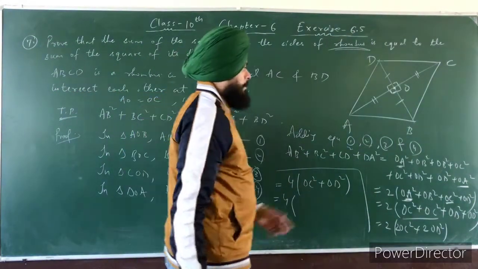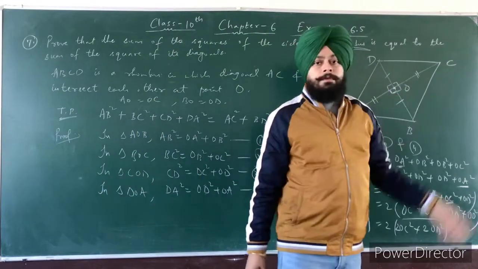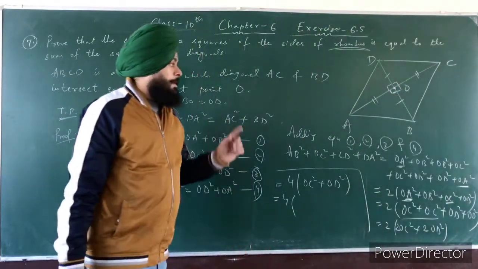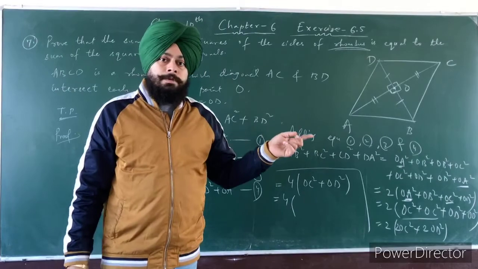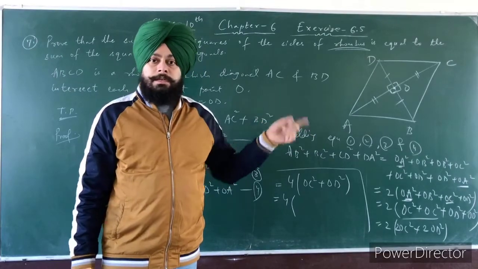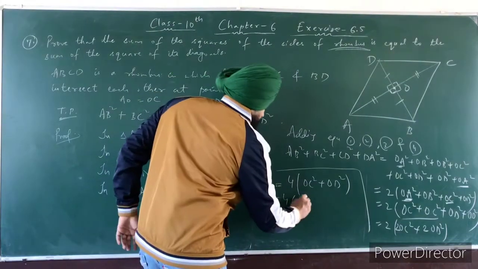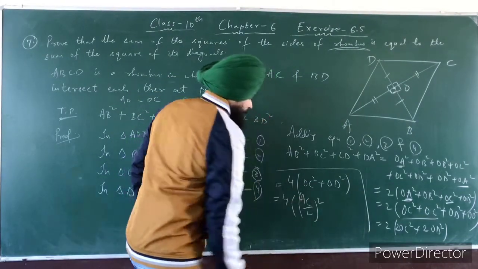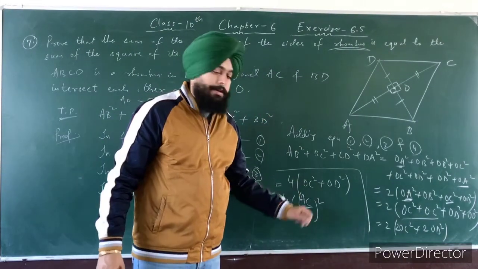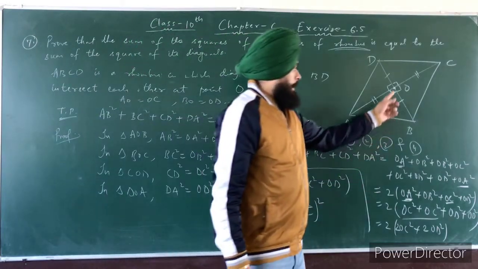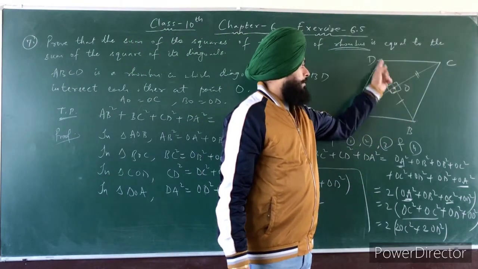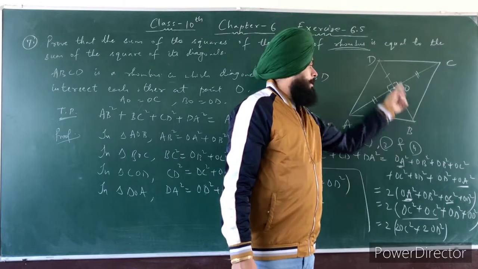Now OC is what? OC is half of AC, because AO is equal to OC, it means O is the midpoint of AC. Then you can write OC as half of AC, like this, AC over 2 whole square. And again this OD is half of which one?